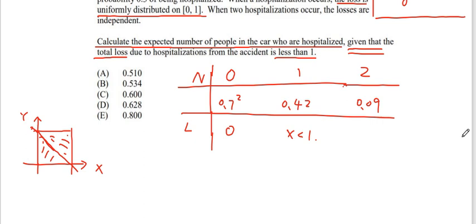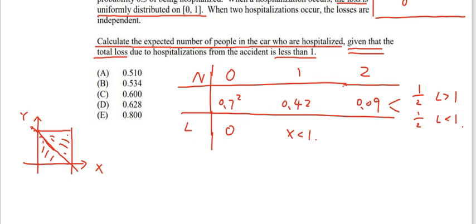So we check two parts, and we find half and half. So for this 0.09, we take half: half the loss is larger than 1, half the loss is less than 1.